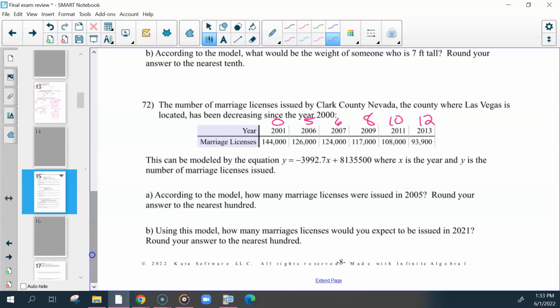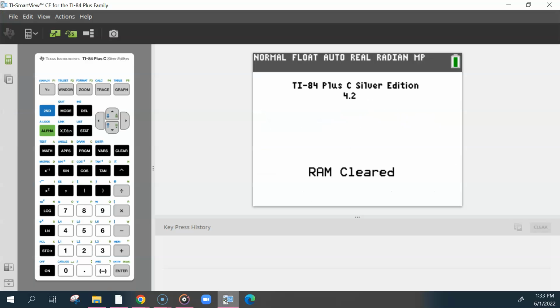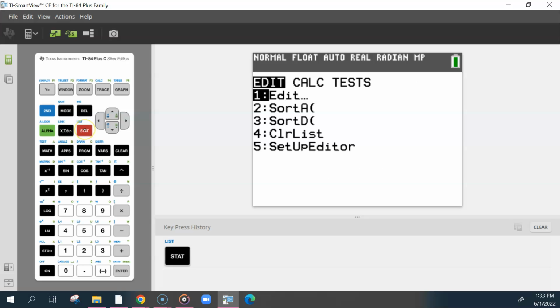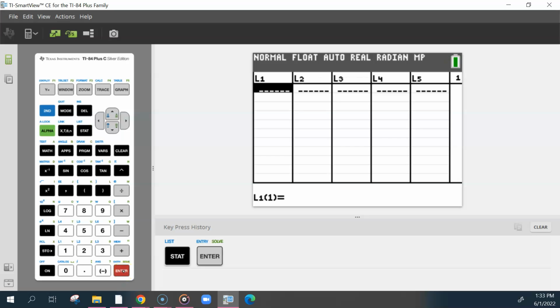So we're going to go into Stat, next to the arrows, and go into Edit by hitting Enter. If you have numbers in your calculator, go up to the top of L1 and L2, hit Clear, not delete, but Clear, and then scroll back down and it should disappear.